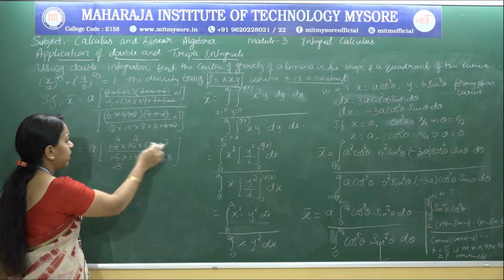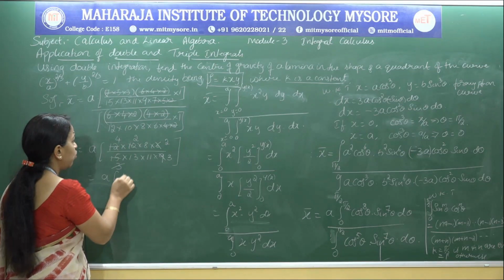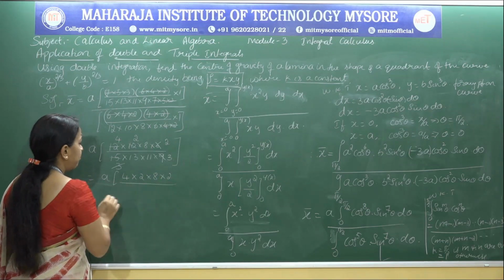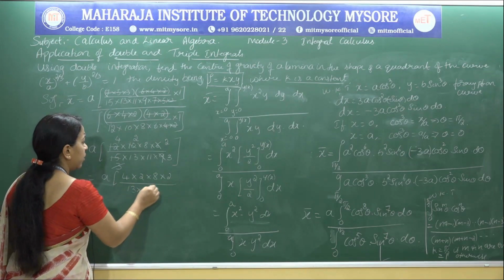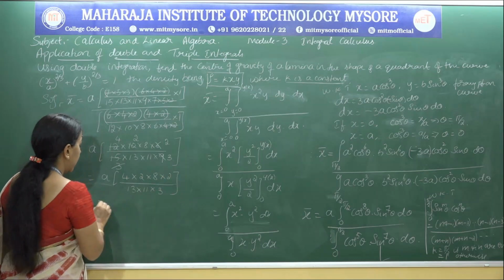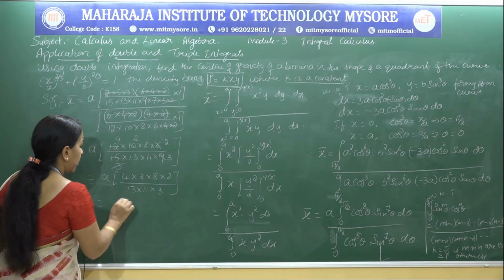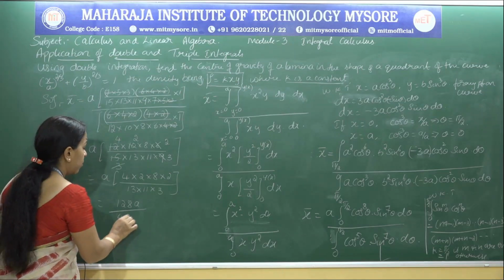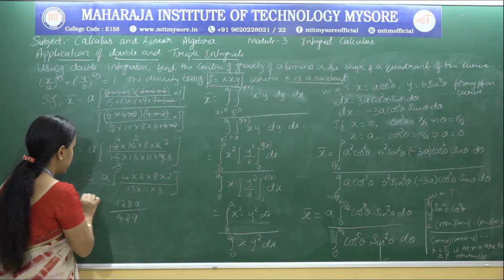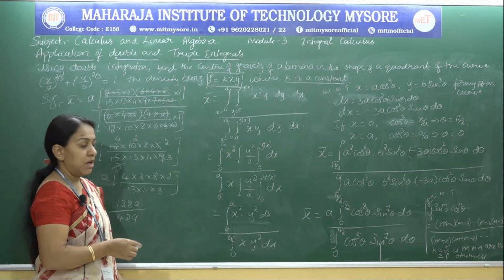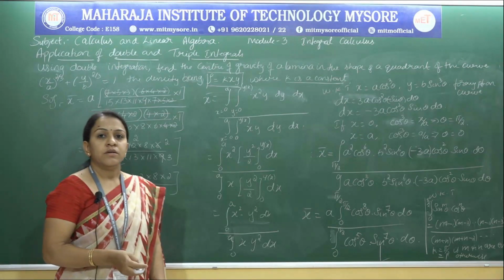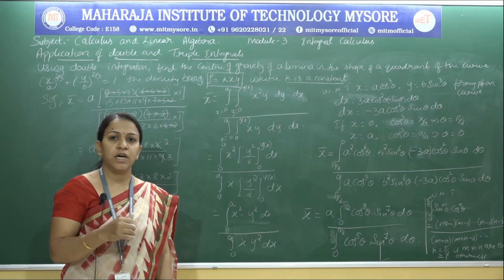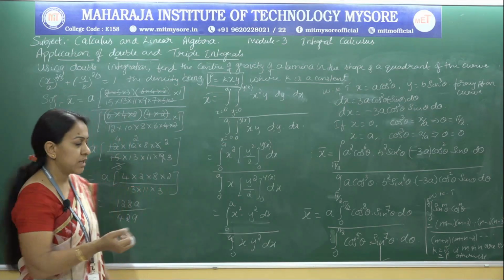So if I simplify the remaining values, that is a into 4 into 2 into 8 into 2 divided by 13 into 11 into 3, we have 128 times a by 429. That is our x bar. Similarly, I can obtain y bar because the curve is symmetric about both x and y axis.